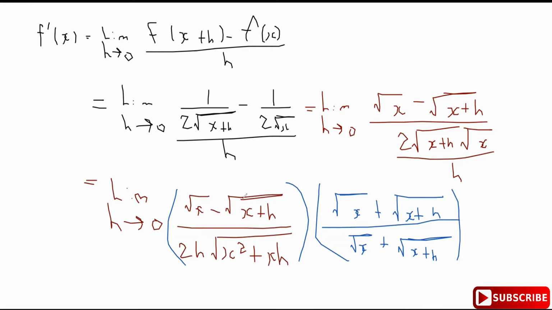Now, when you multiply across the numerators, just notice what you're going to observe: the numerator becomes a difference of two squares again.